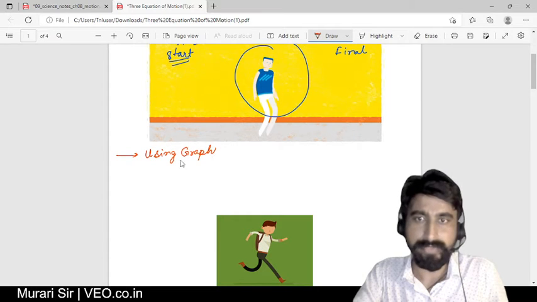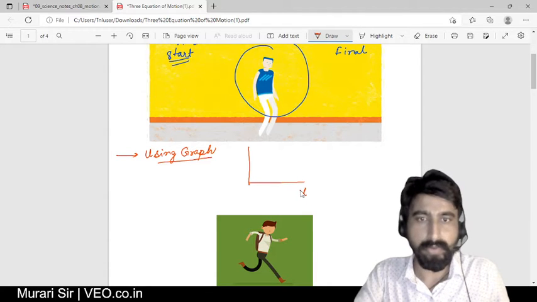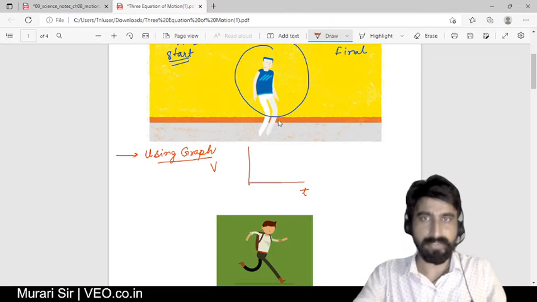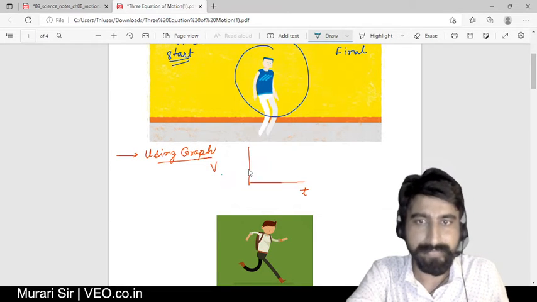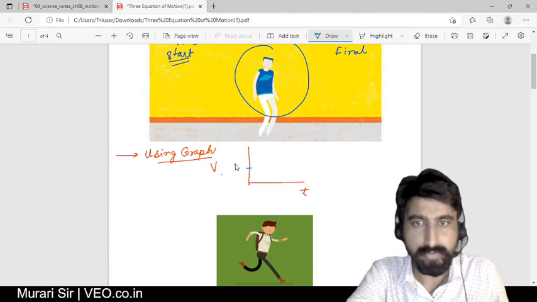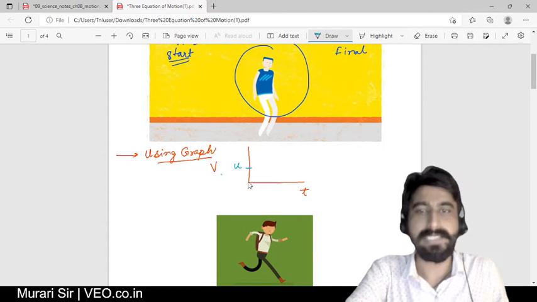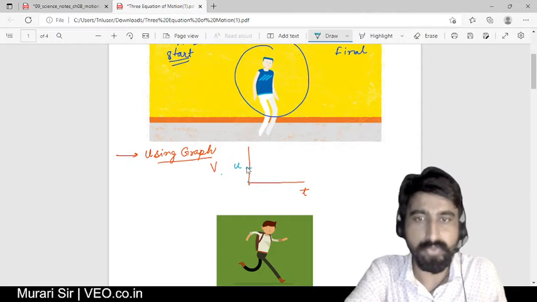And it is very simple, friends, don't worry about that. Let's draw a line. On the x-axis there is time t, on the y-axis there is velocity v. And as I have already mentioned, the velocity is u because it is not starting from 0, it is starting from u.